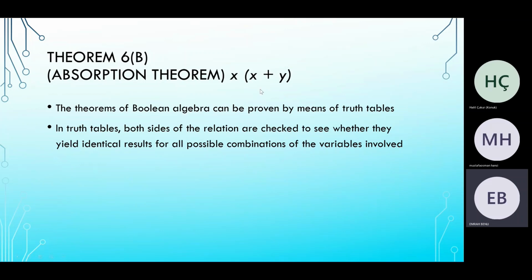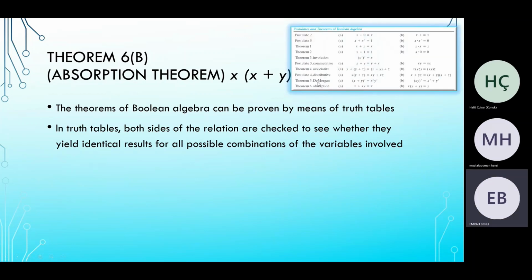So what did we say for this? x parentheses x or y. We said that this is x. From the table, the absorption theorem, x and x or y is x. So we are going to prove that.